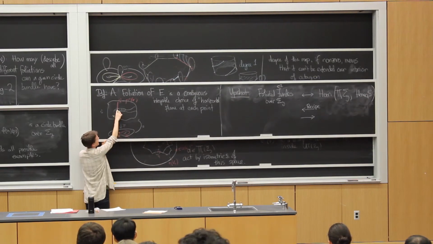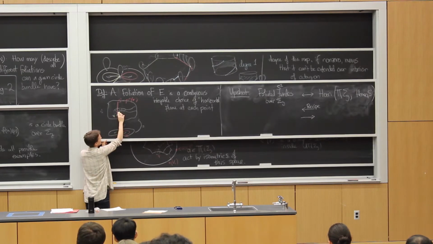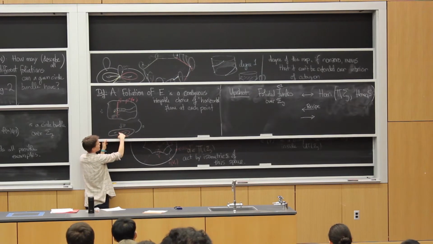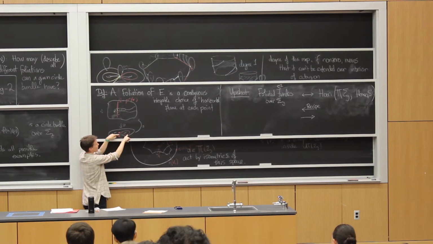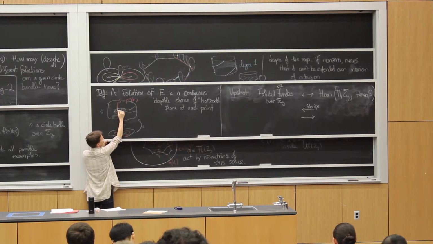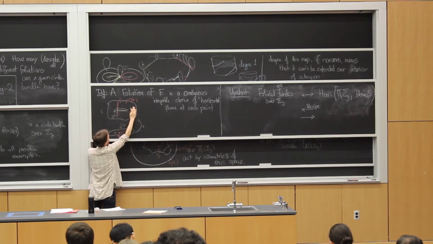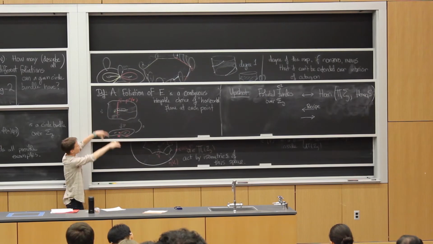It has a horizontal direction, like this one. Maybe I should pick the one already in my picture. So I can follow around my curve. I can lift my curve, keeping it horizontal, to something up in here. This is not just a surface sitting in there.